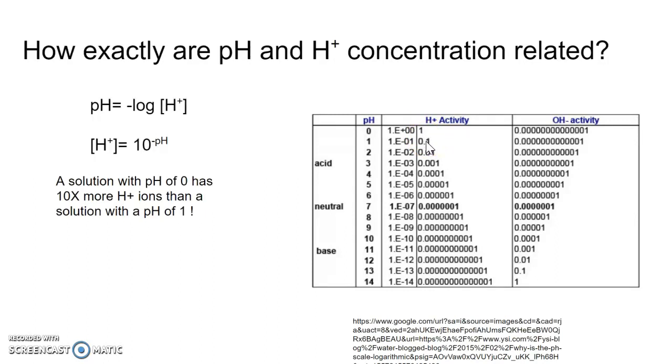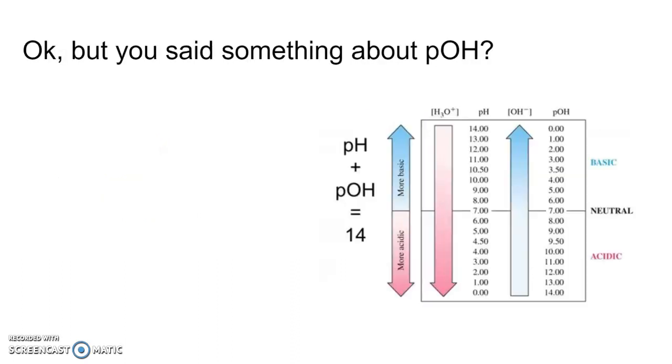Going from essentially a pH of 0 to a pH of 1 is 10-fold less hydrogen ions in solution. So it's interesting to think about that. People might be like, oh, it's not a huge deal to change by one point on the pH scale. It is a big deal. So just keep that in mind.